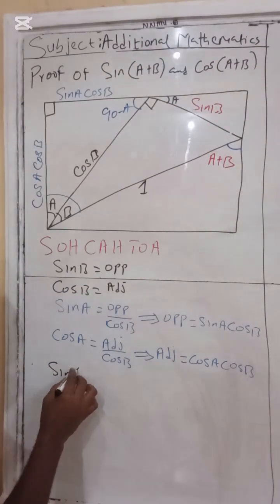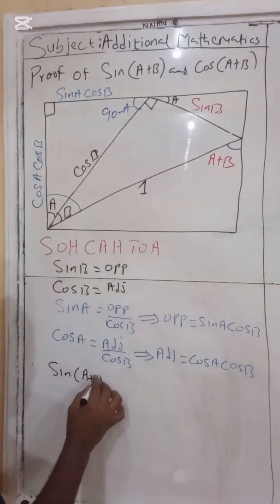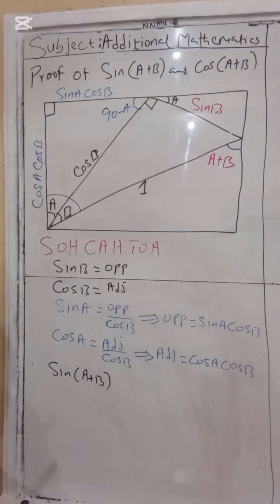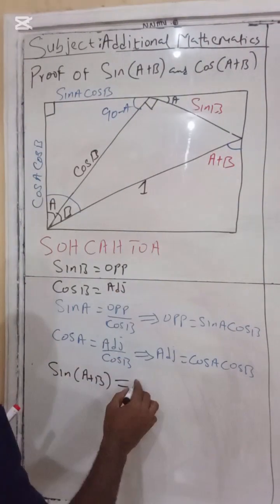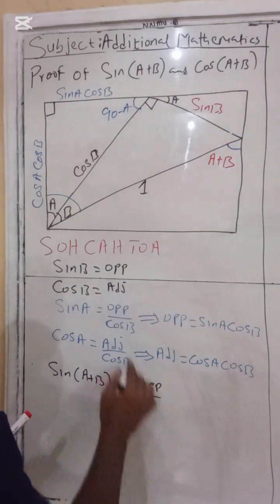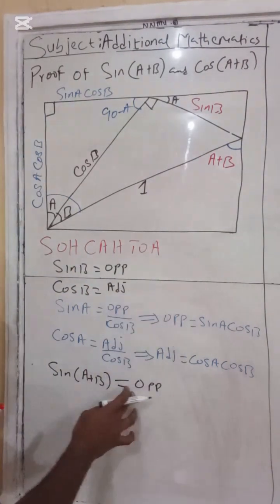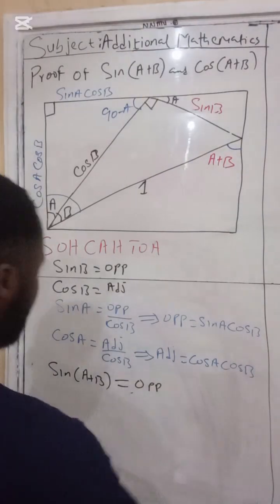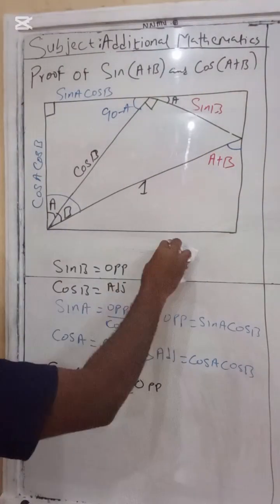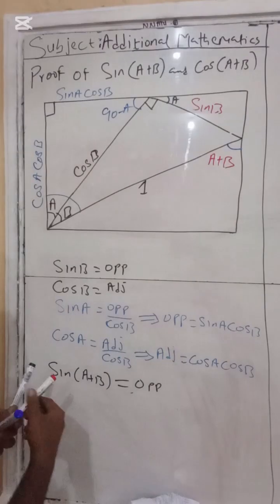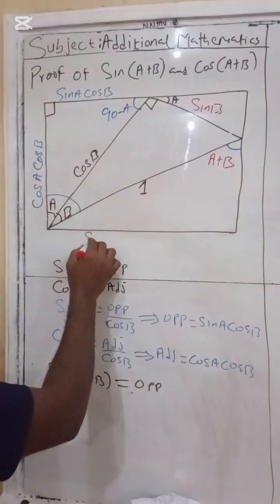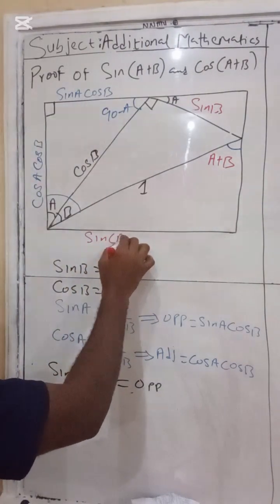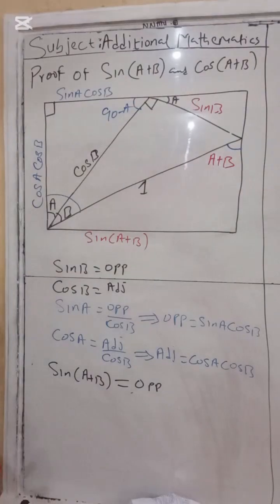So now, sine A plus B equals, remember that sine is opposite over hypotenuse. So sine A plus B is equal to opposite over hypotenuse, which is 1. So that means our opposite is sine A plus B. So we're going to label here sine A plus B. Okay?